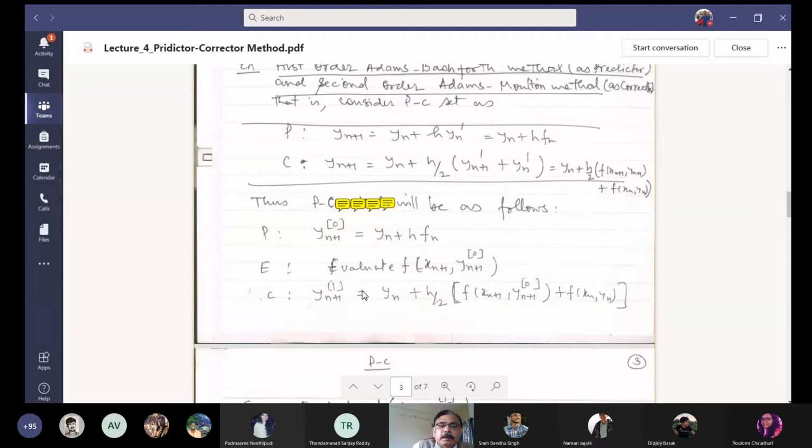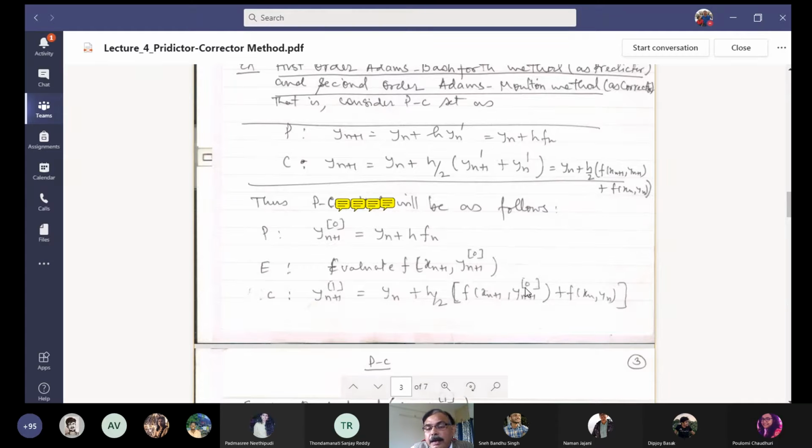Next, we'll try to improve this y1. If we write y1, 1, that will be y0 plus h by 2 times f at the point, with n equal to 0, so this is f1 plus f0. But here f1 means f of x1, y1.